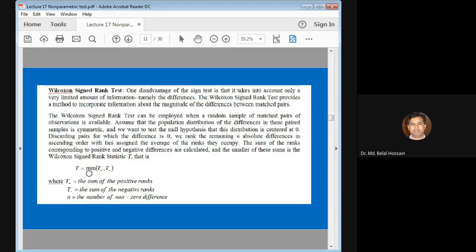T equals the minimum of T plus and T minus. T minus is the rank sum of the negative differences. T plus is the rank sum of the positive differences. n is the number of non-zero observations.